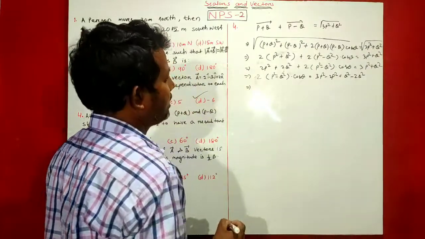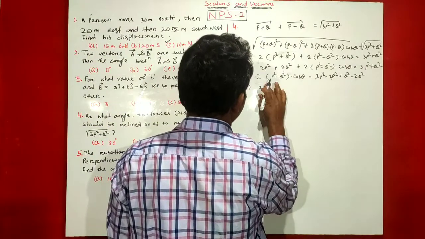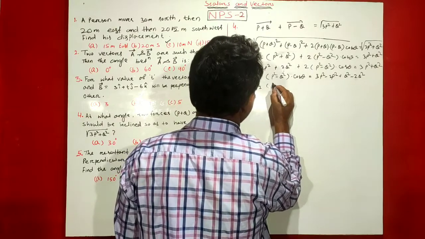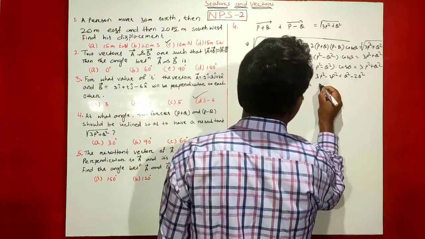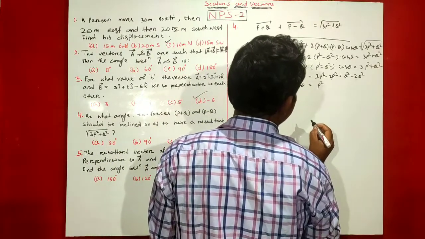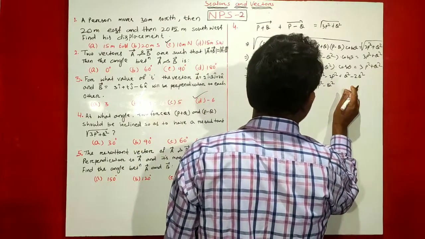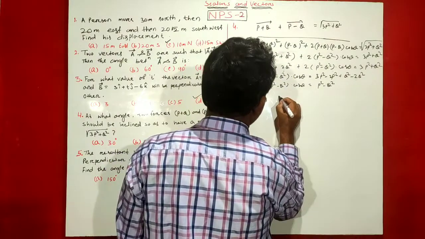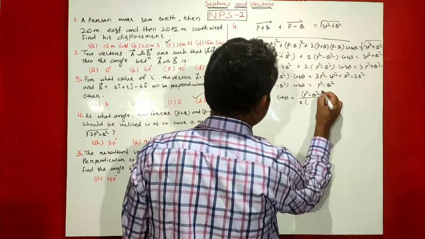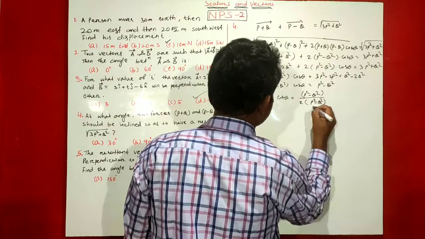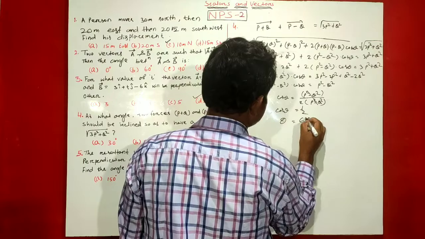So cos theta is equal to p square minus q square by 2 into p square minus q square, that is cos theta is half, which means theta is equal to 60 degree.